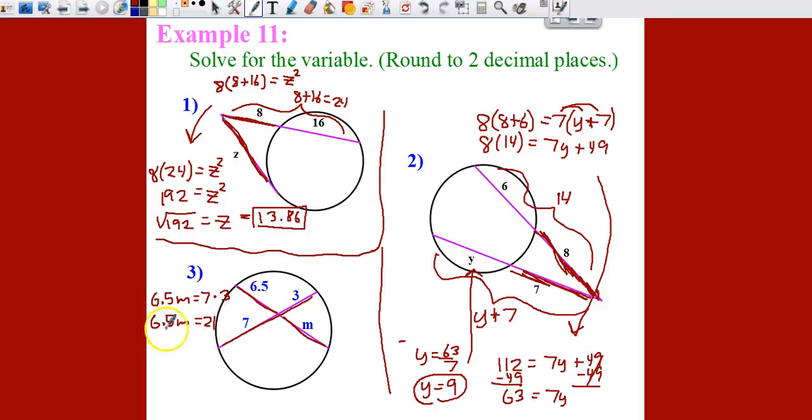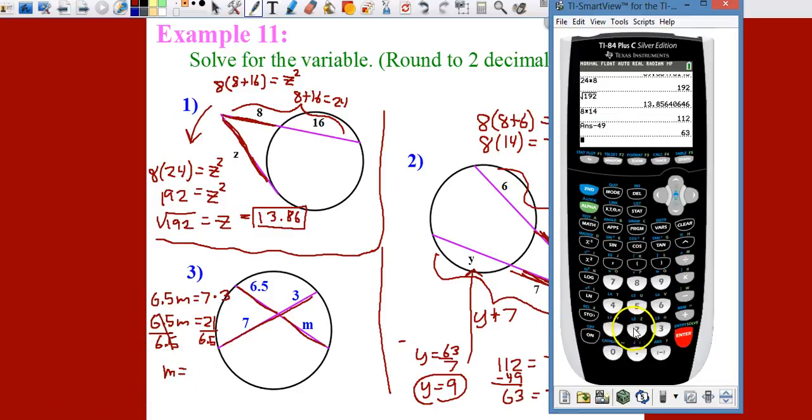And we want to divide 21 by 6.5. Looks like we're going to get about 3.23.